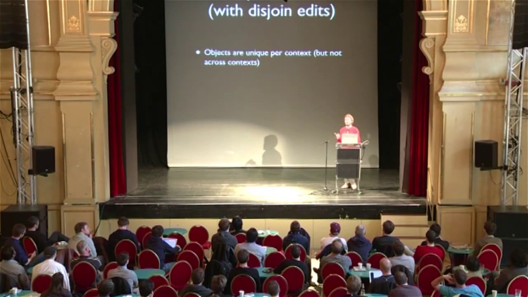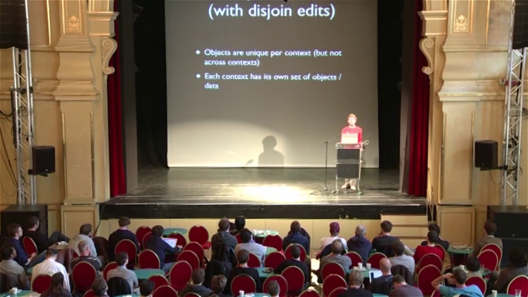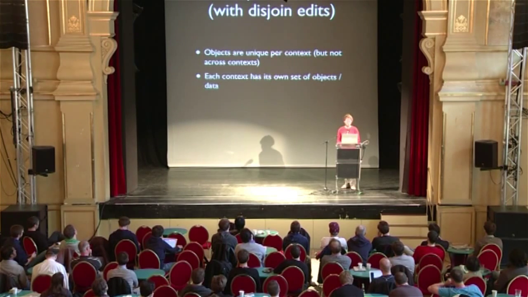The thing here is that objects, as I said, live in a context, so the object is unique to its context. But in the other context, you need a different object for that thing. You cannot pass objects between contexts.